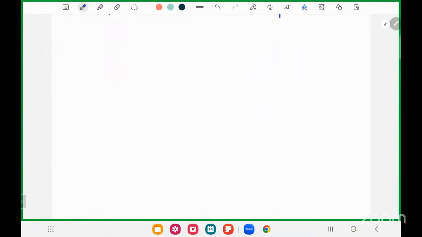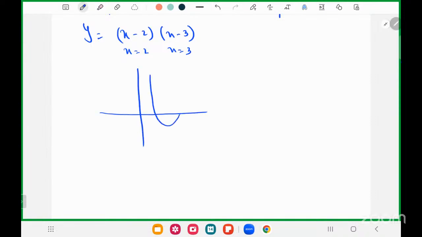By looking at the equation, you need to identify what the shape of a quadratic equation will be. For example, x minus 2, x minus 3. So x is equal to 2 and x is equal to 3 are the roots. So the graph will be a minimum curve passing through the x intercepts 2 and 3.